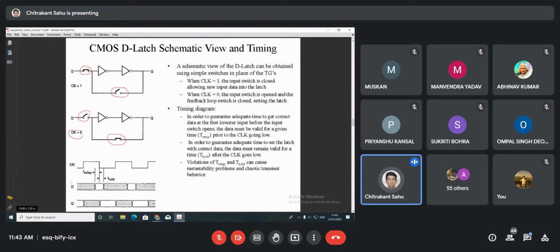Okay, and there is an important point: setup time and hold time are required. That is why these things are being shown. For a certain period of time the input must be stable, and after some period of time the input must also be stable. That is called the setup and hold time.